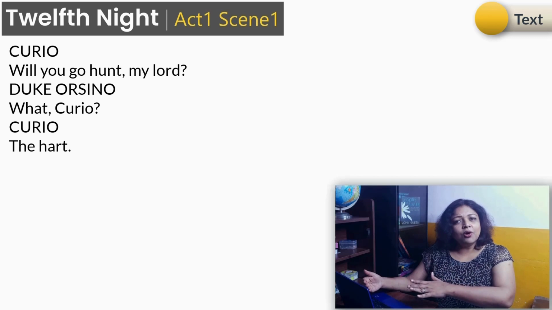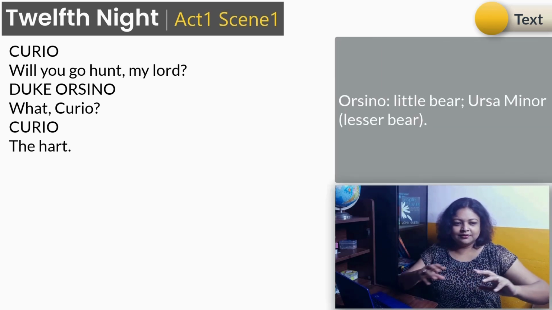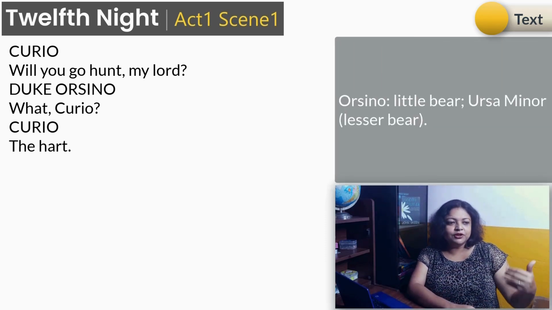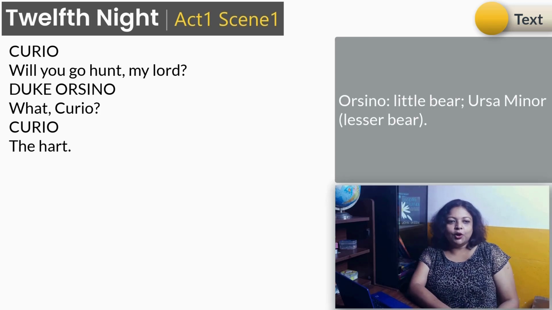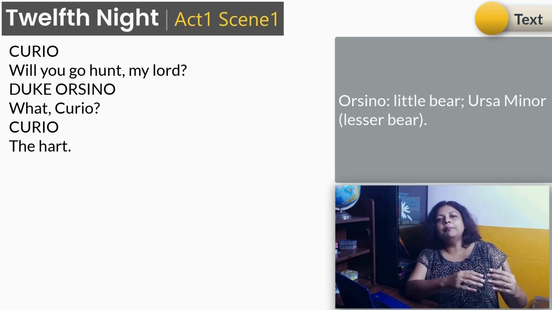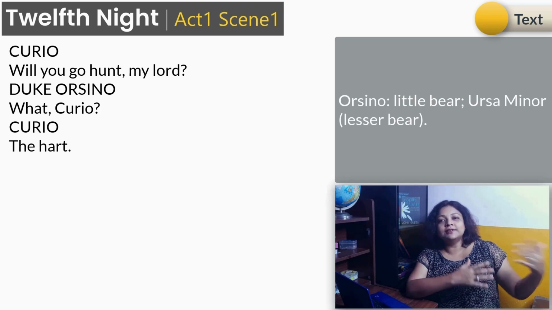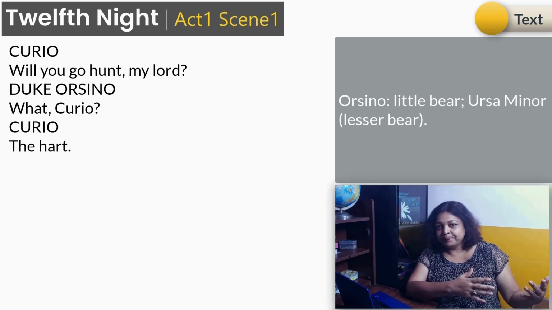When we look at the name Orsino, it is an Italian name which means little bear. Now that sounds very cozy and playful, doesn't it? But when you think of it, little bear also refers to the constellation Ursa Minor.